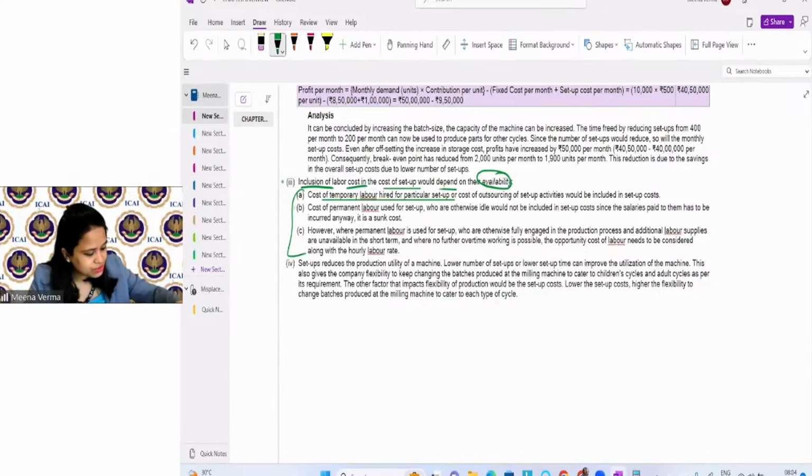When you know this labor is working only for the setup, his work is to set up the machine, you will consider his efforts in setup cost.